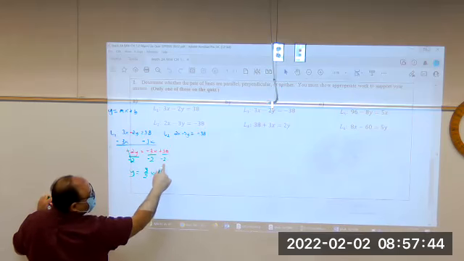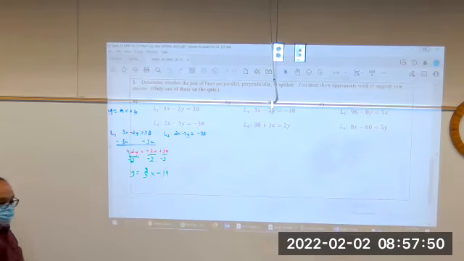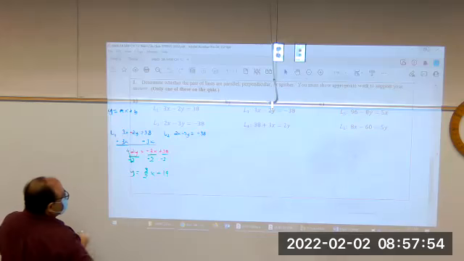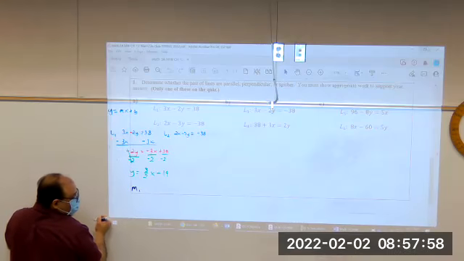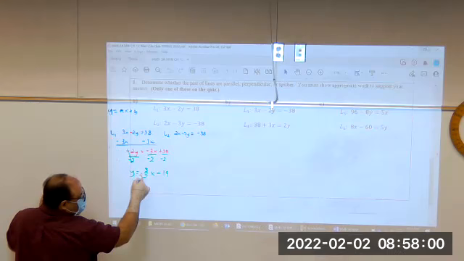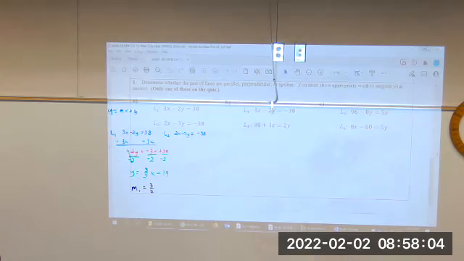A positive over a negative is a negative. 38 divided by 2 is 19. So the slope of line 1, m sub 1, is 3 over 2.